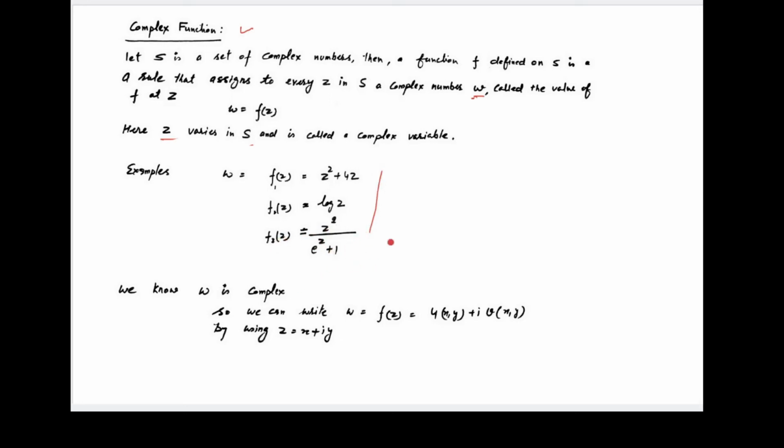Now using z is equal to x plus iota y, we can write f of z in form of u plus iota v. Suppose here we substitute z equal to x plus iota y. So f of z will be equal to (x plus iota y) square plus 4 times (x plus iota y).